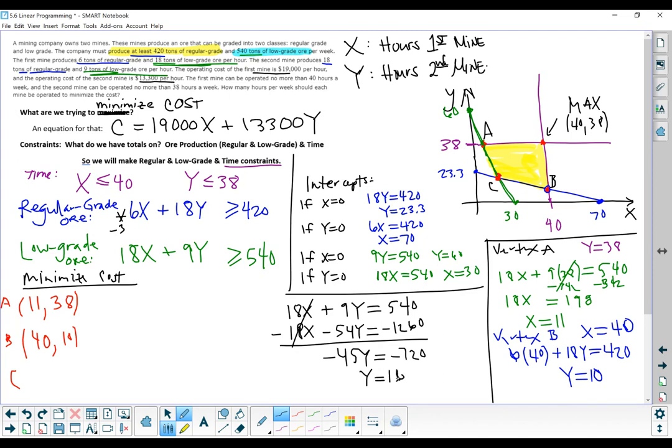Now that I know what y is, again, that's point C. It's on both the green and the blue line, so I could sub it into either of those. So I'll just sub it into the first one. 6x plus 18 times 16 is equal to 420.